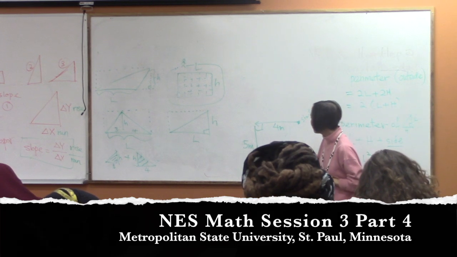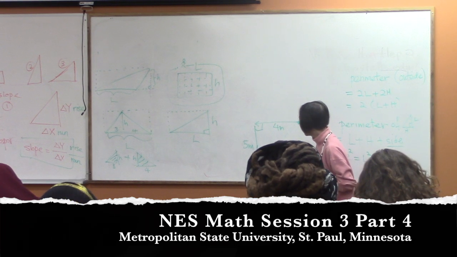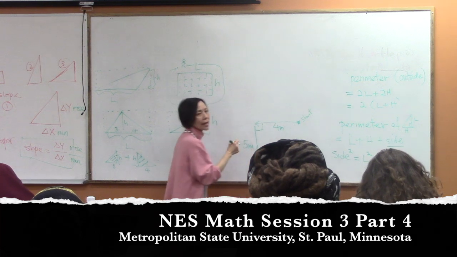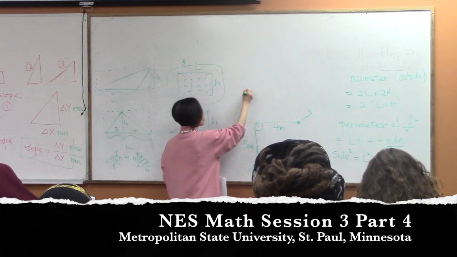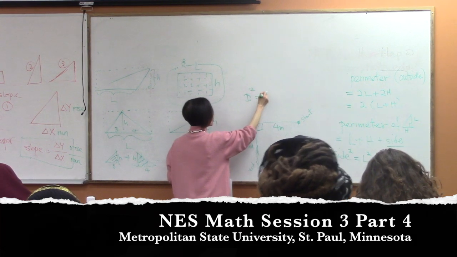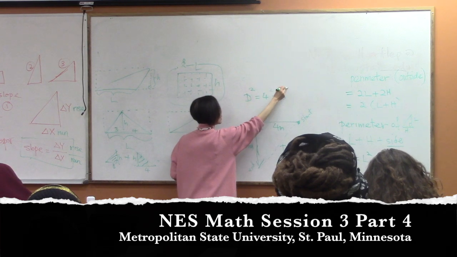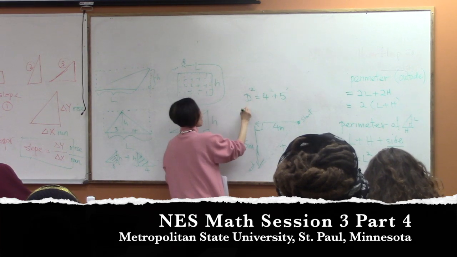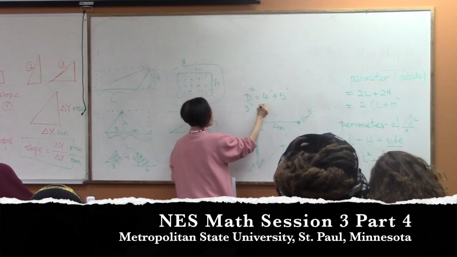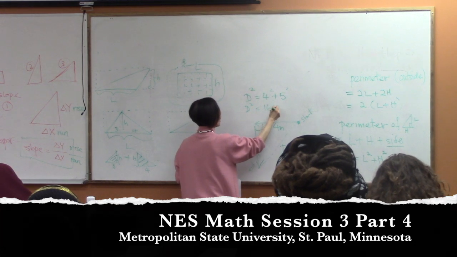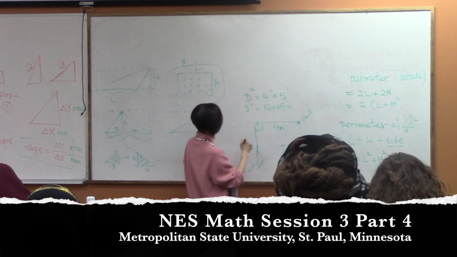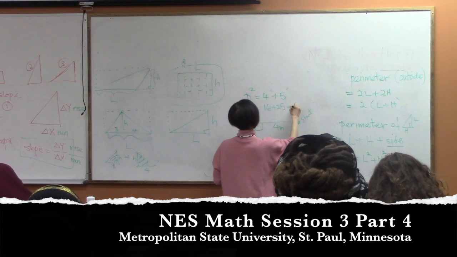So then, if this is the distance d, what is the equation that I can say? D squared equals 4 squared plus 5 squared. Everybody got that? So it's 16 plus 25, which is 41.